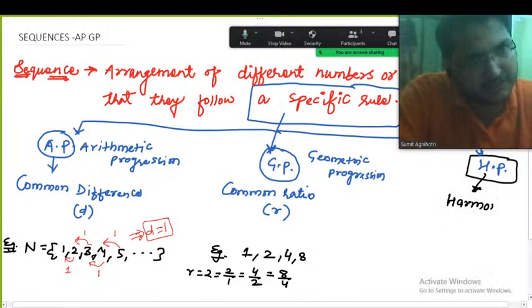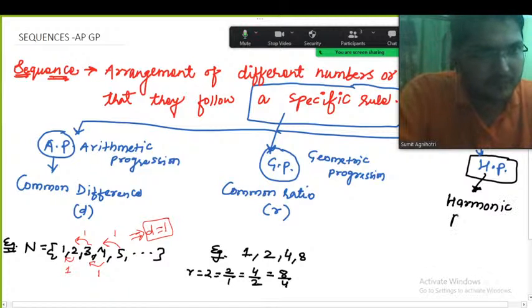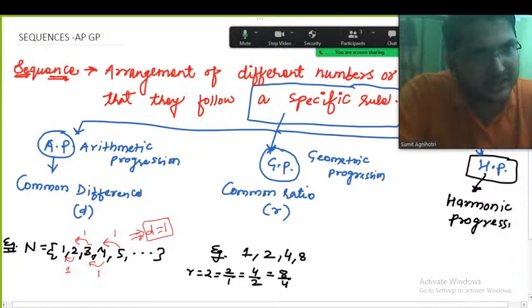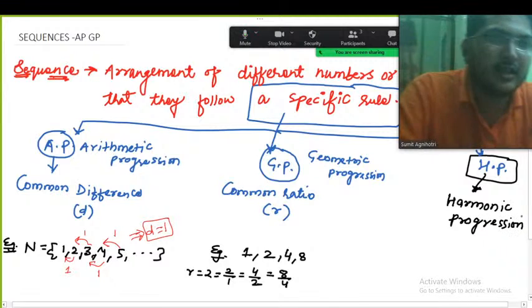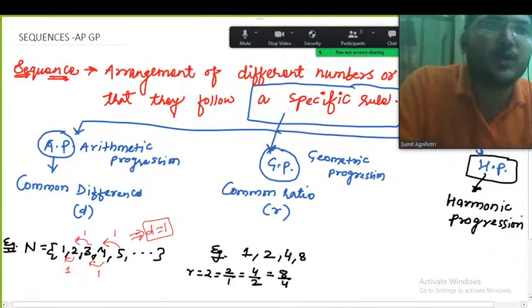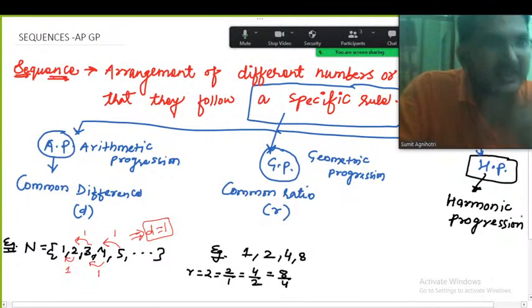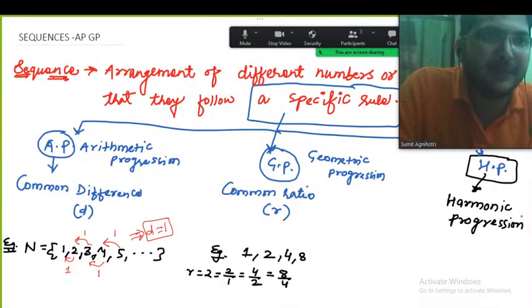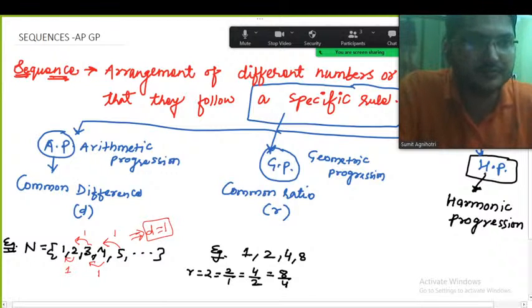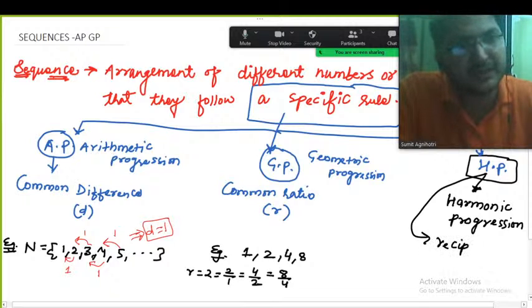It's harmonic progression, and HP has a rule. The rule is, if we consider the reciprocal of terms, then we should get an AP. Reciprocal of terms should be in AP.